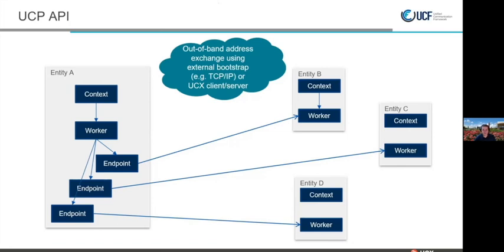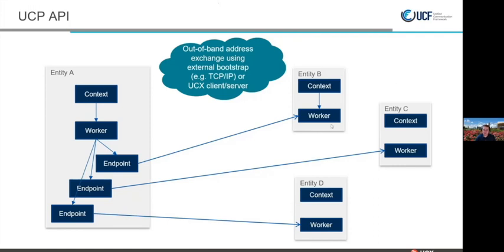Right. Each entity has to have a local and remote worker pair, and then you can technically do multiple endpoints per worker. So for entity A and B, you need at least one worker on each of those, and then you might have multiple endpoints that live underneath that worker.